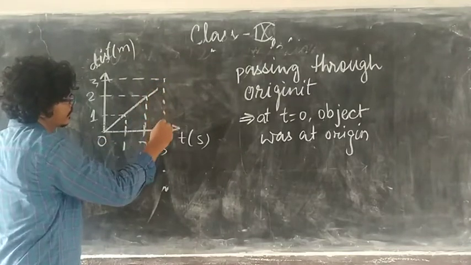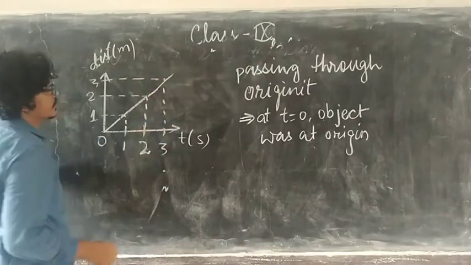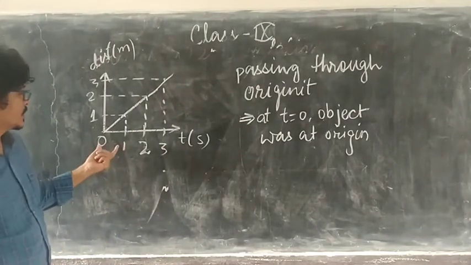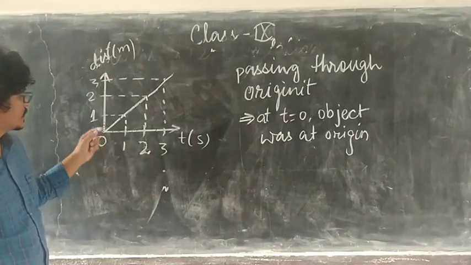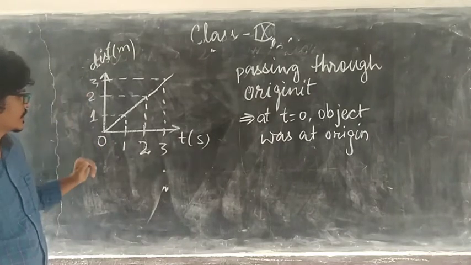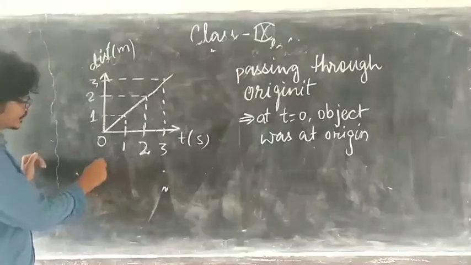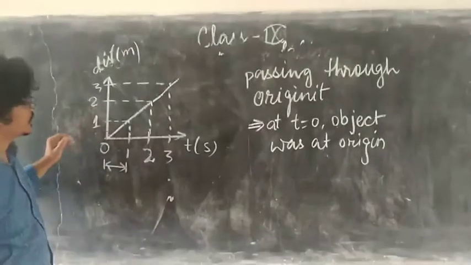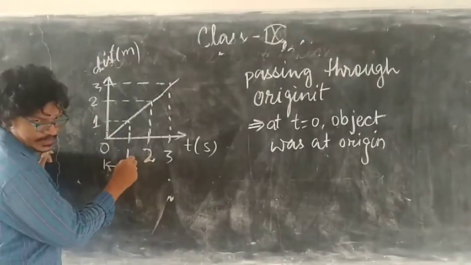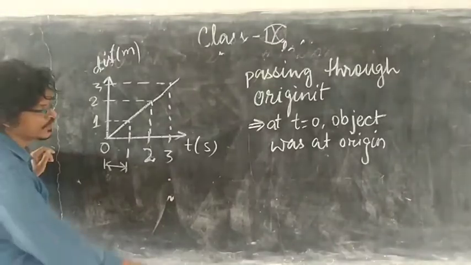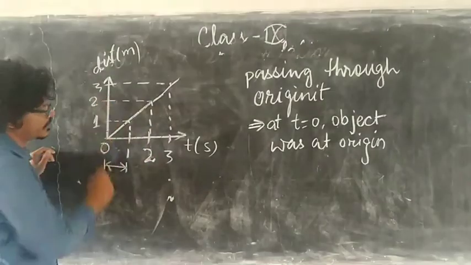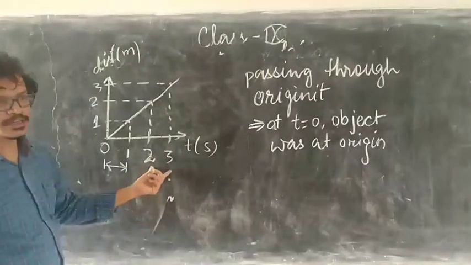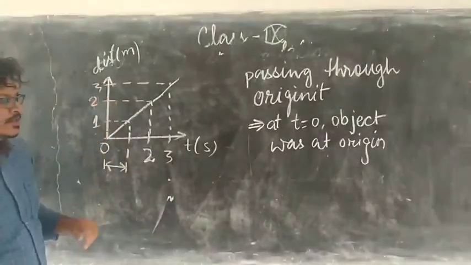So here you can see that if we take a time interval of 1 second, the distance covered is 1 meter. You can check here, when the time interval is 1 second, distance covered is 1 meter. Between 1 and 2 seconds, the time interval is 1 second, distance covered is again 1 meter. Between 2 and 3 seconds, the time interval is 1 second, distance covered is 1 meter.